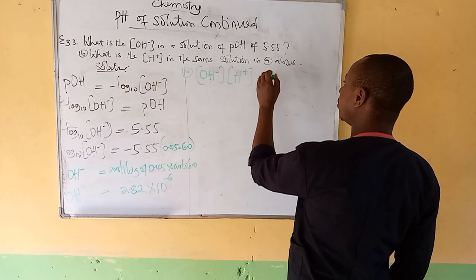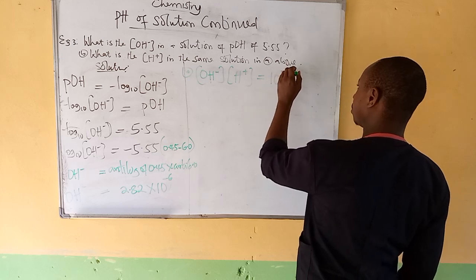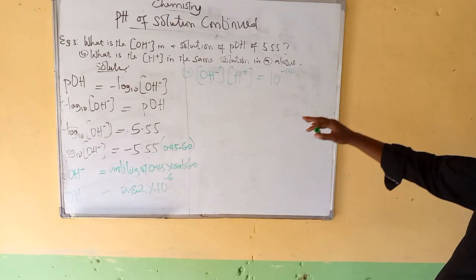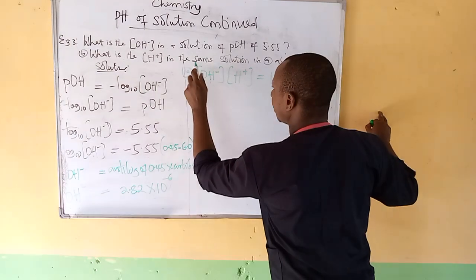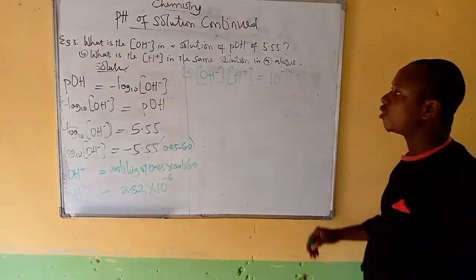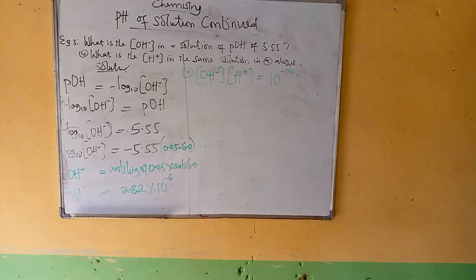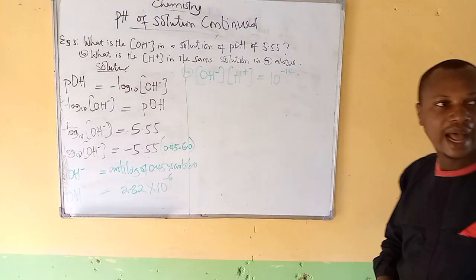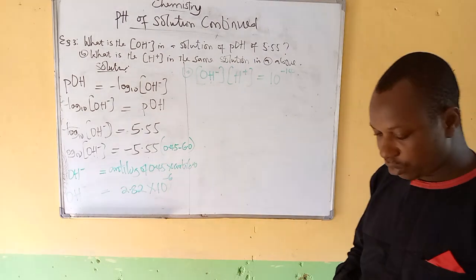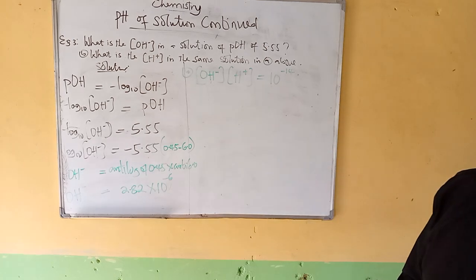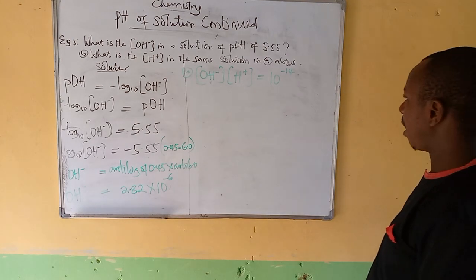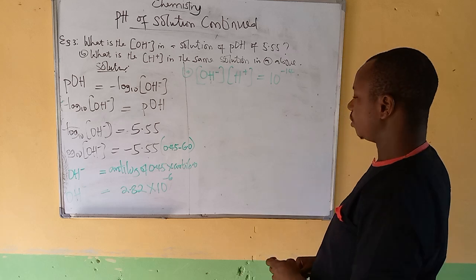That was why I listed the whole formula for us. Remember, this is square bracket. The concentration of hydrogen ion multiplied by the concentration of the hydroxide ion gives you 10 raised to the minus 14.